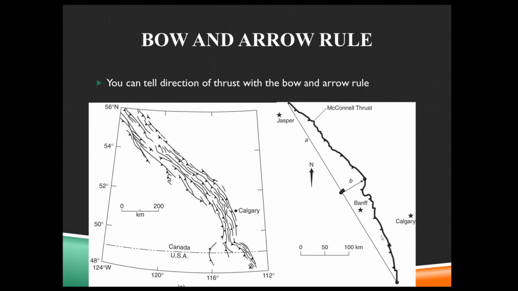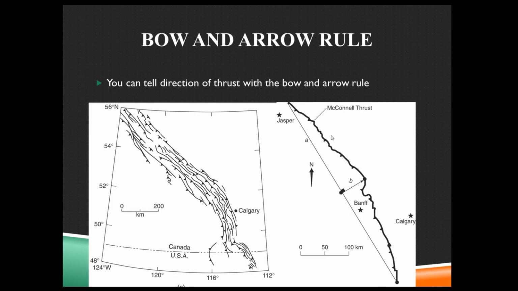And this looks kind of like a bow. If you placed an arrow on your bow, like you were getting ready to shoot, that arrow is going to point in the direction of movement. So that's the direction that the thrust sheet is actually moving.